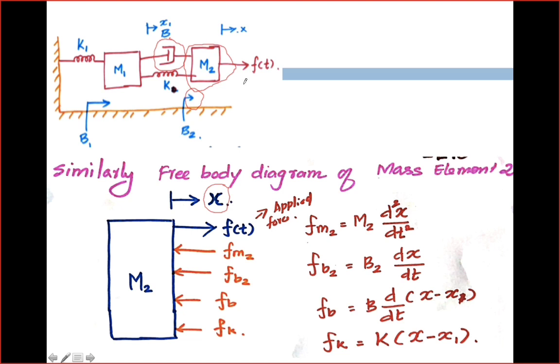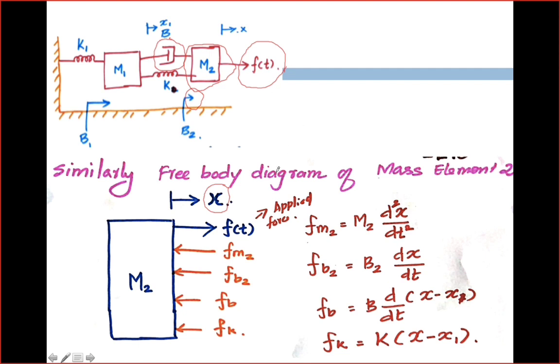I told you that at one place we have applied force f of t. That force is applied on mass element m2. We don't find any applied force on mass element m1, and the only place the force is applied is mass element m2.